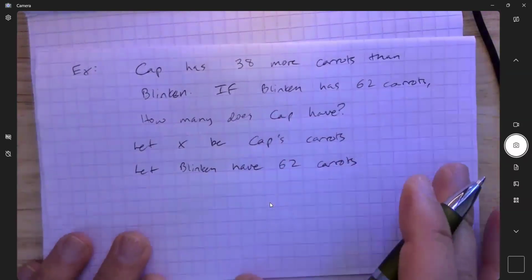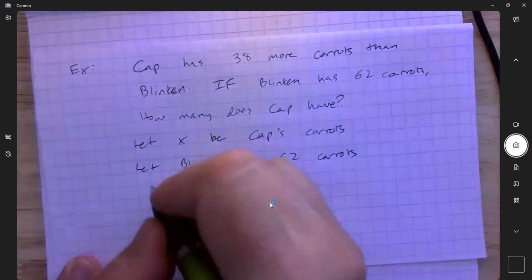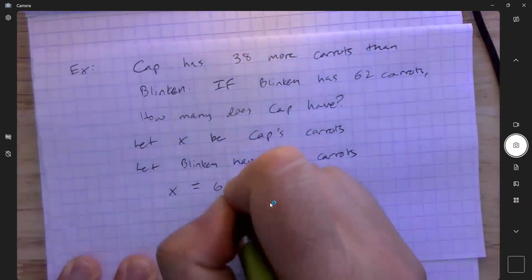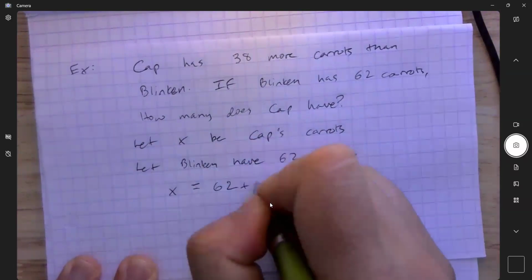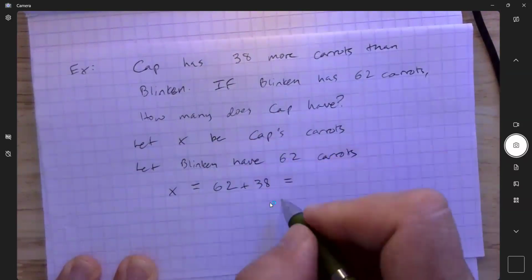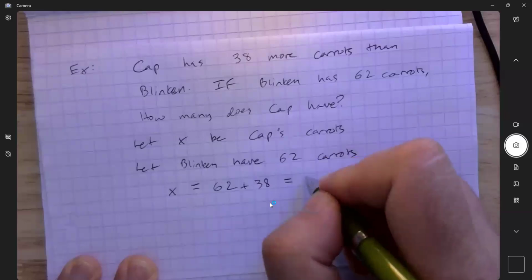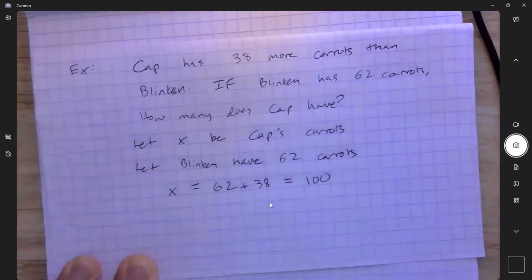And then we would say, okay, so Cap's carrots X should be Blinken's carrots 62 plus 38 more, which our calculator could tell us is 100 carrots.